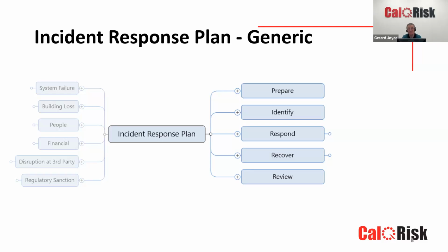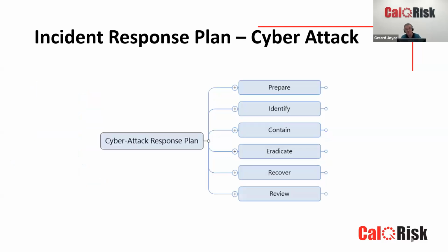You respond, address the incident, you recover back to normal, depending on how long you were out. The recovery might take longer. And a key part of any plan is you have that post-mortem, that review of how you did. Now, today we're going to expand that and expand the respond bit into contain and eradicate, because that's generally how responding to a cyber attack is perceived.